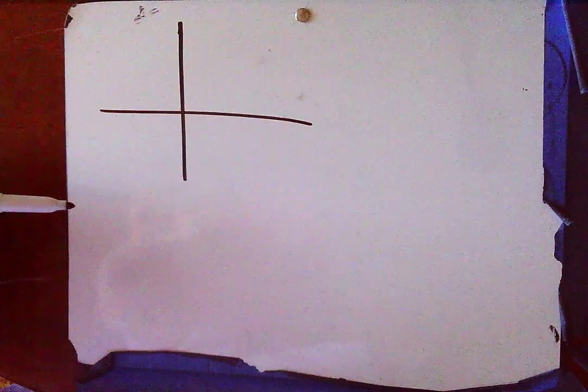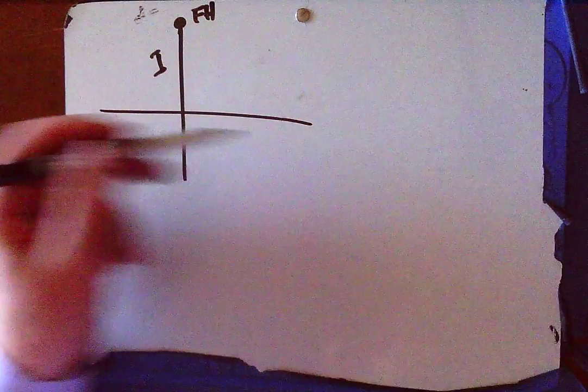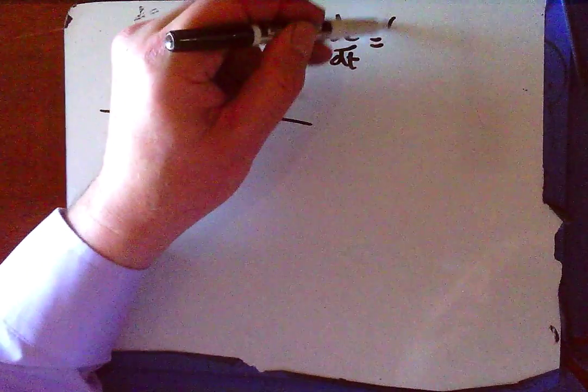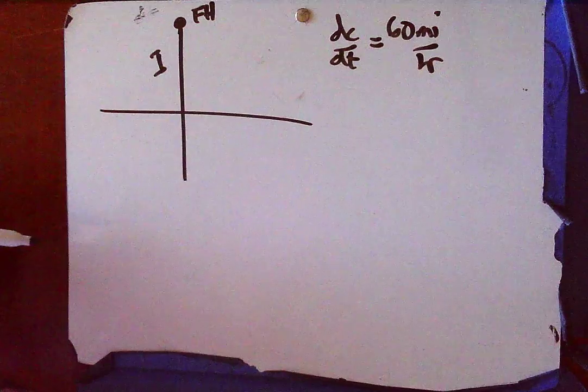All right, so that was number 5. Number 6. A road is perpendicular to a highway. It leads to a farmhouse located 1 mile north of the intersection. The car is traveling on an east-west road at 60 miles per hour, so dC/dt equals 60 miles per hour.